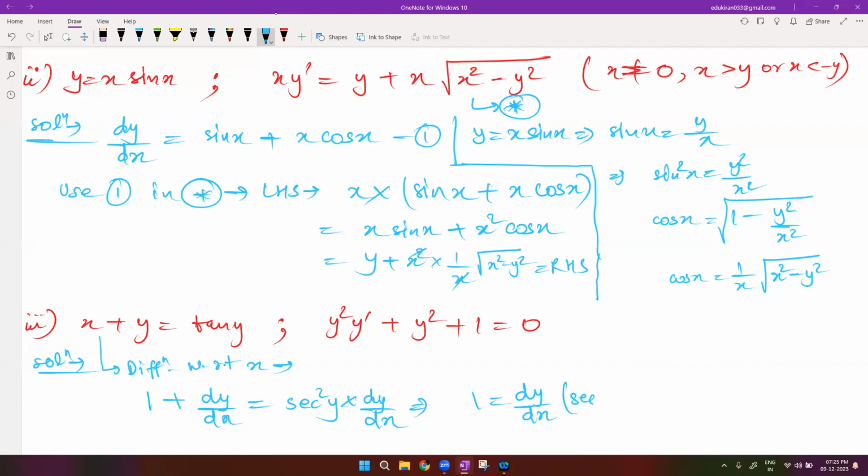I can write it like this. And sec square y minus 1 is tan square y. So this can be written as tan square y, right?